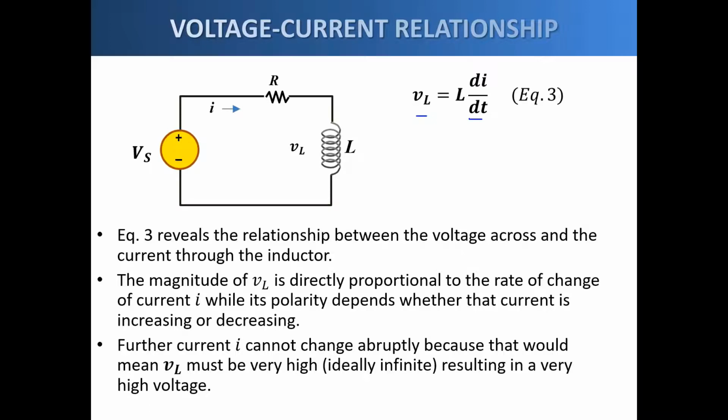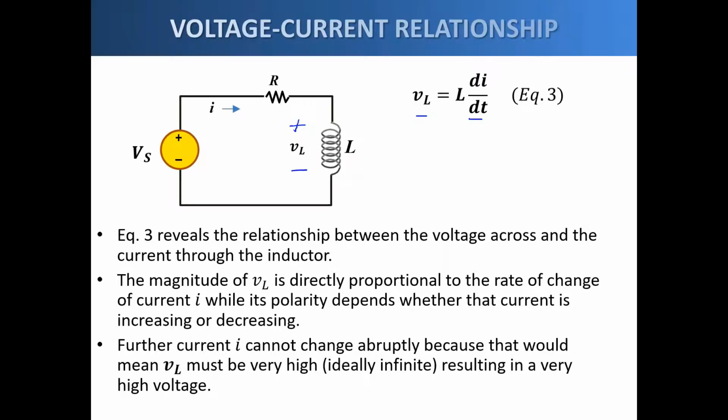The lower the time rate of change, the lower will be the voltage. It also tells us the polarity of the voltage. For example, if the current is increasing, that means that di/dt is positive, and therefore the polarity of V sub L will be plus here, minus there.